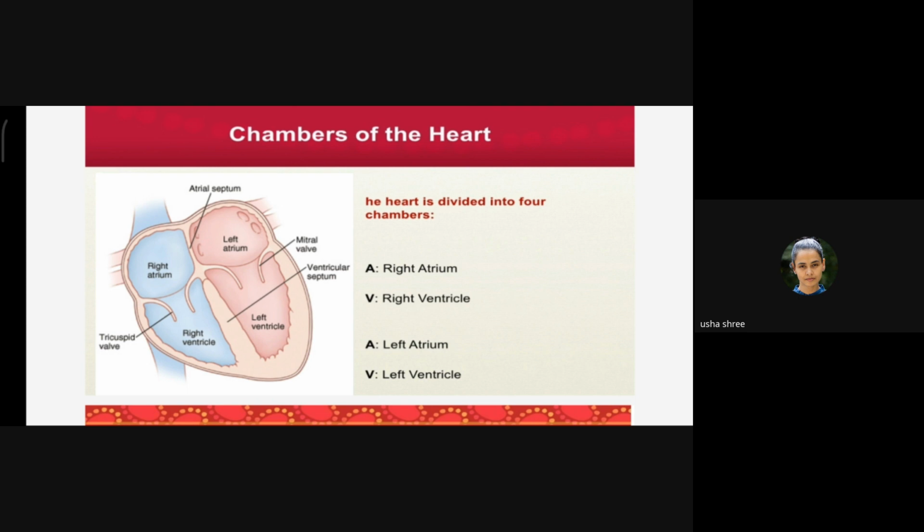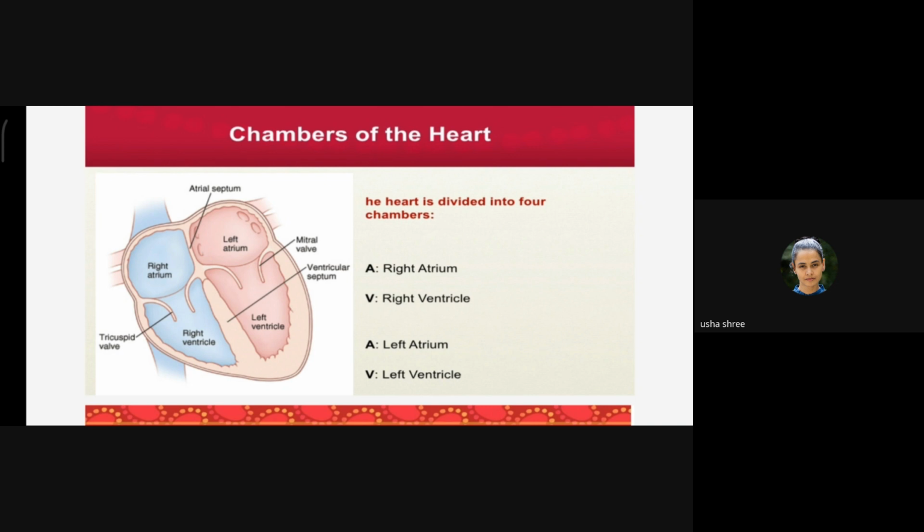Means the door is opening by opening of left and right flap. In case of tricuspid valve, there is a door in back side too. It's like a triangle. So tricuspid valve is between right atrium, right ventricle. Bicuspid or mitral valve is between left atrium, left ventricle.